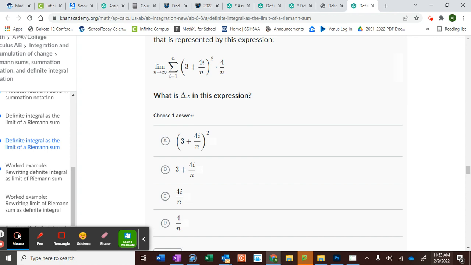We start at 3, and we add on the 4i over n, so change of x and that. So we start at 3, and we go from there. What is change of x in the expression? Well, that's dx, that's 4 over n, right? So that should be d.